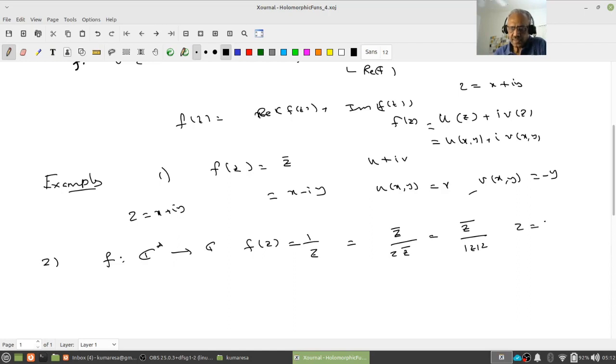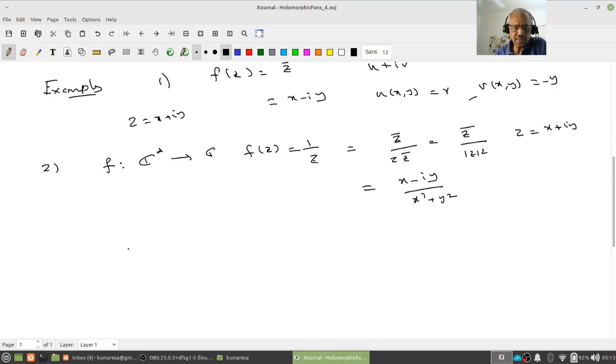If I write z equals x plus iy, then this is x minus iy by x squared plus y squared. Therefore, what is the real part? u of x,y is x by x squared plus y squared, and v of x,y is minus y by x squared plus y squared.